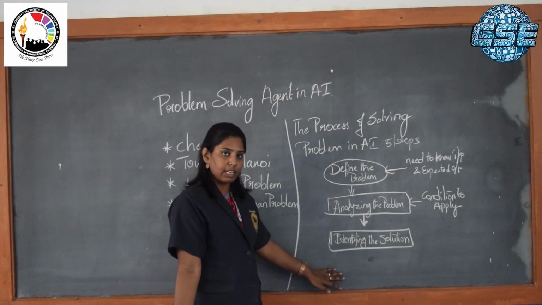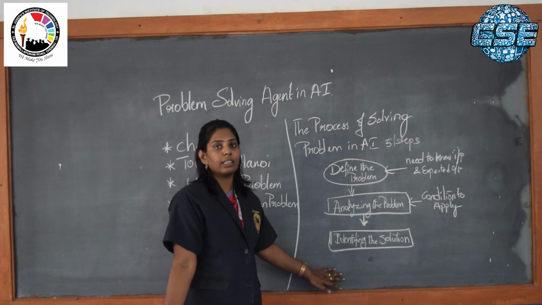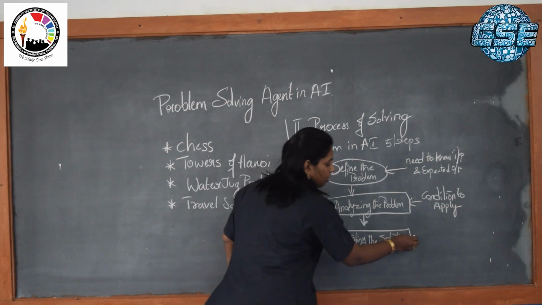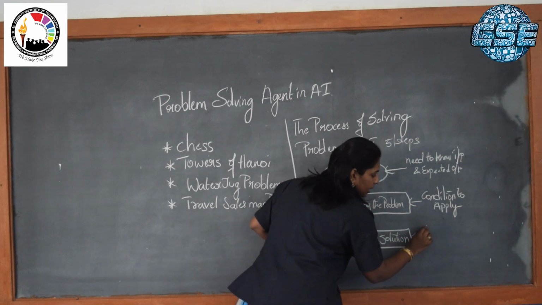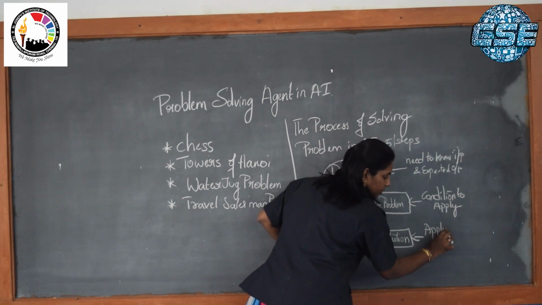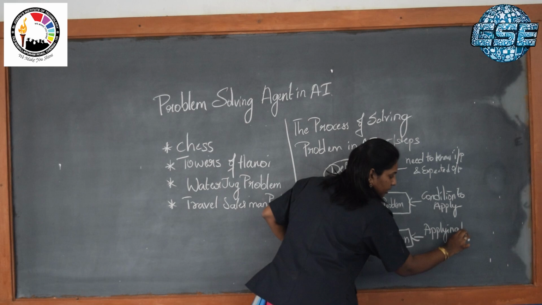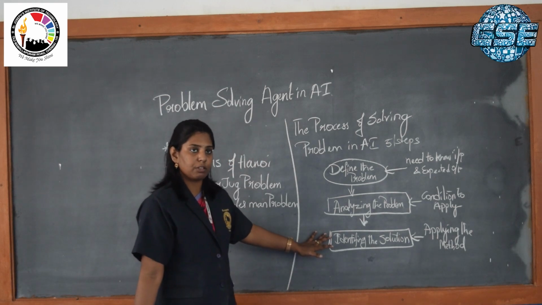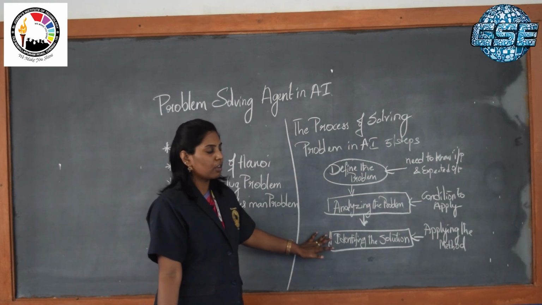We will get many solutions for the problem by applying the methods. We have n number of methods to solve the problem, so we will apply different types of methods and we will get different kinds of solutions.